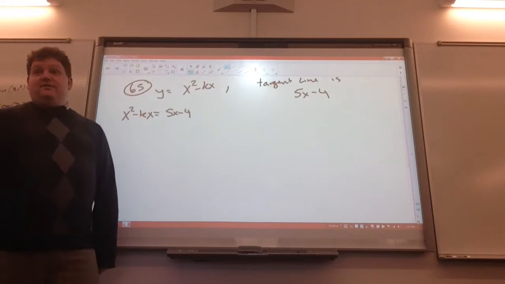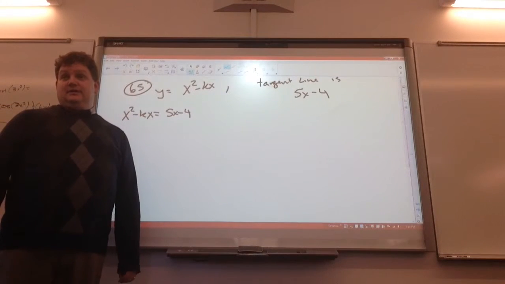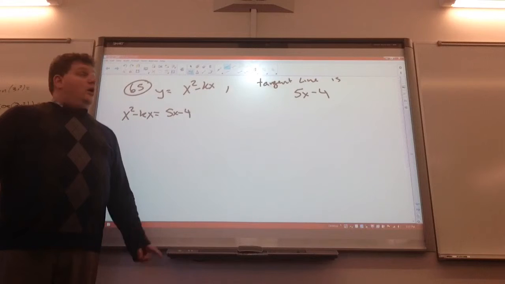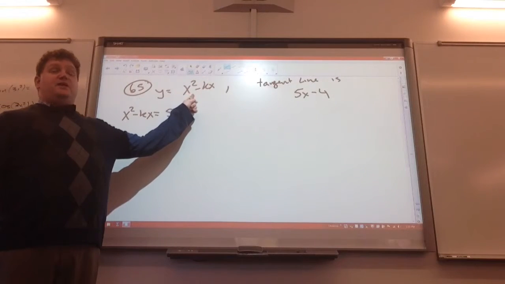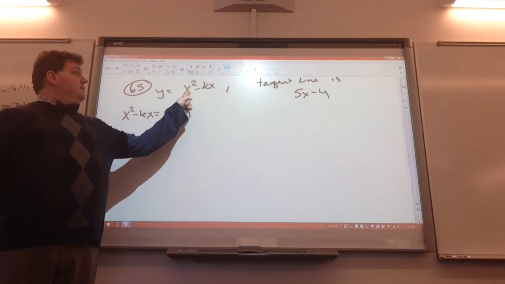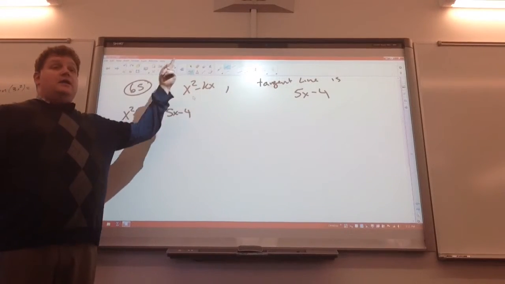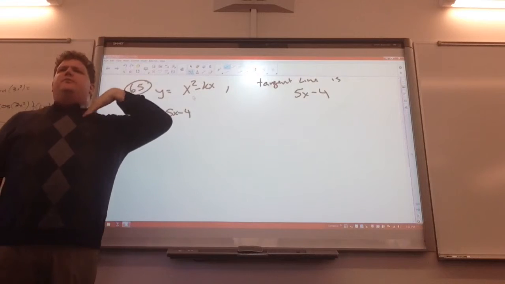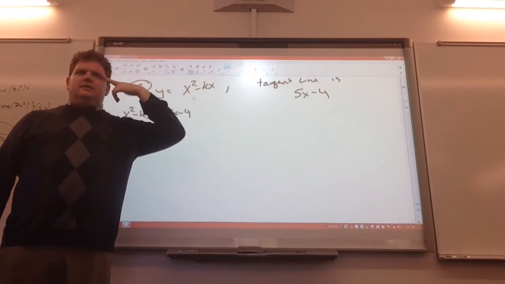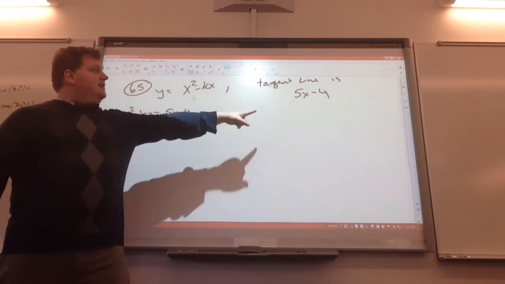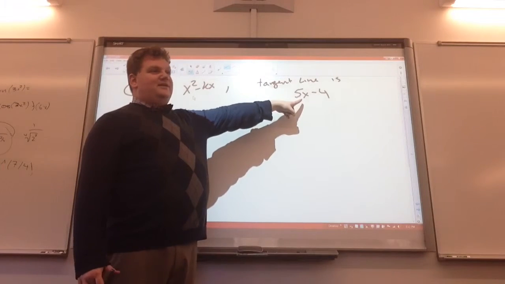What about the derivative? The derivative of x squared minus kx is 2x minus k. What does the derivative ultimately represent? The slope of the tangent line. Well, there's my tangent line. What's its slope? 5.